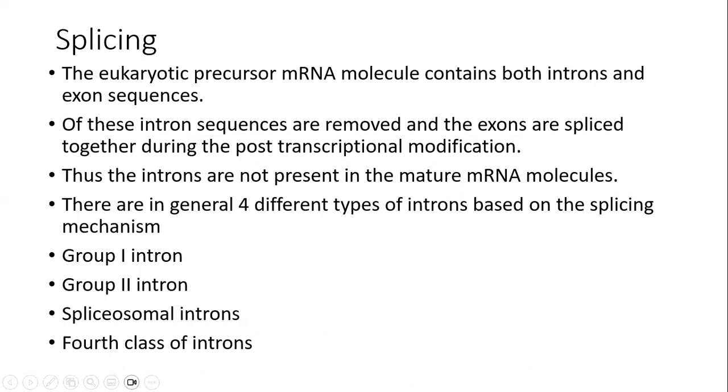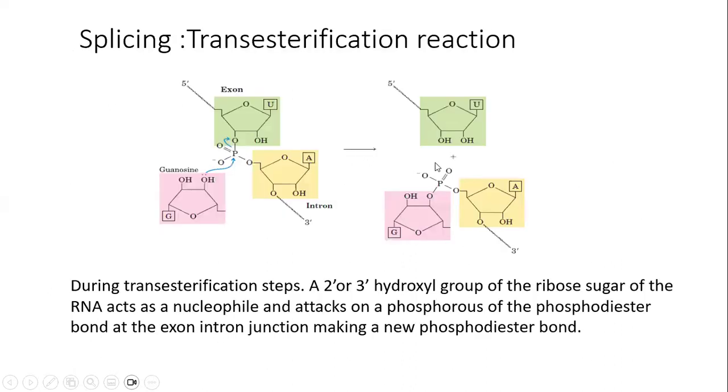messenger RNA molecules. So four different types of splicing mechanisms are recognized: group 1 introns, group 2 introns, spliceosomal introns, and the fourth class of introns. We basically have a trans-esterification reaction during the splicing mechanism.